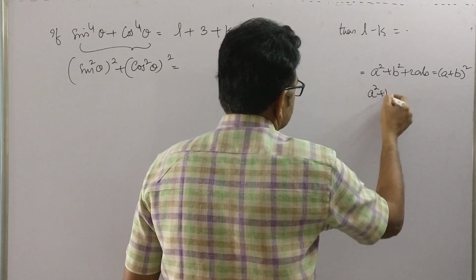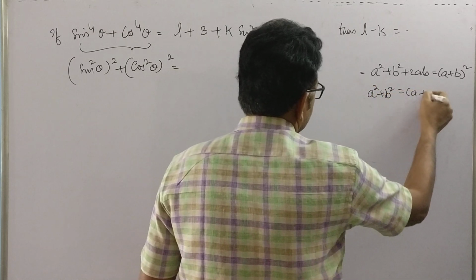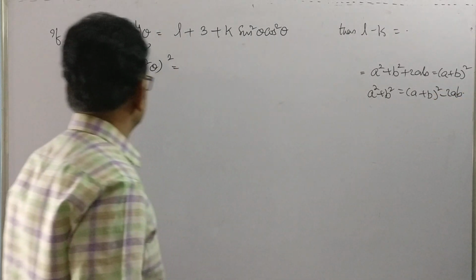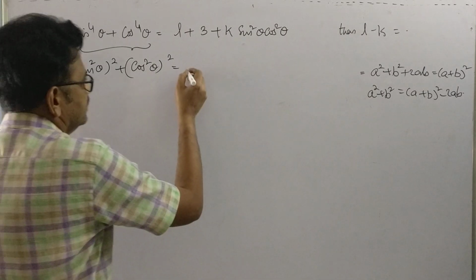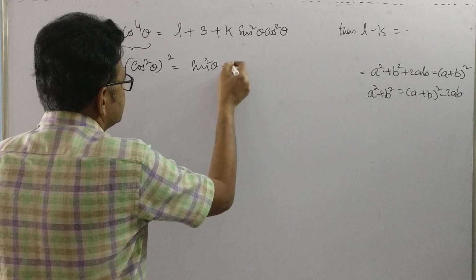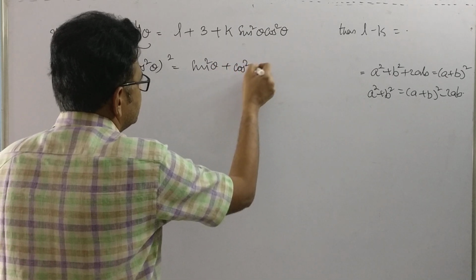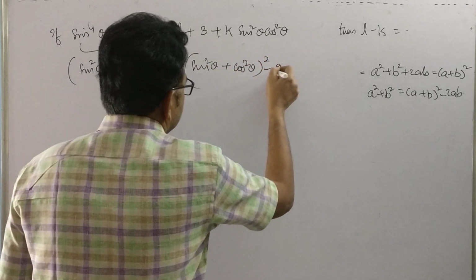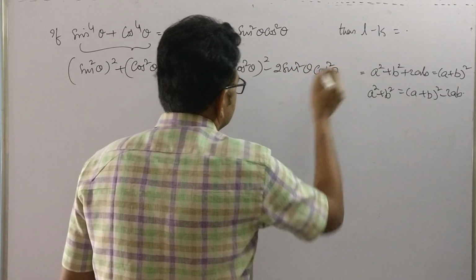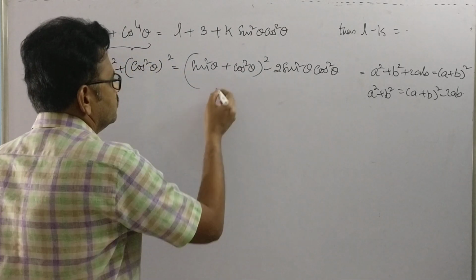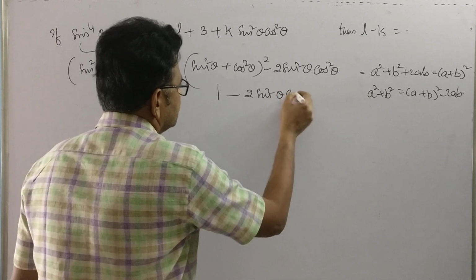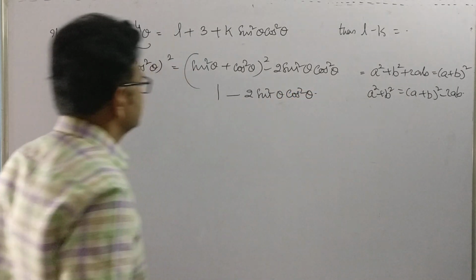So A square plus B square equals A plus B whole square minus 2AB. Here this is A, this is B. Sin square theta plus cos square theta whole square minus 2 sin square theta cos square theta. So this is 1 minus 2 sin square theta cos square theta.